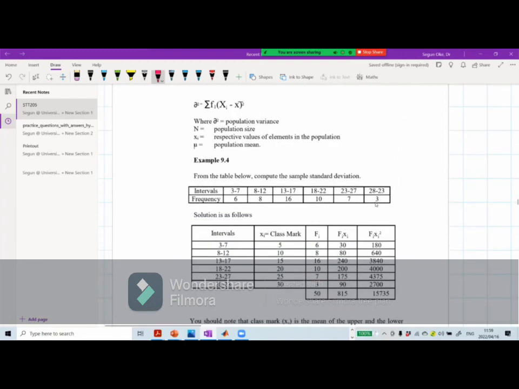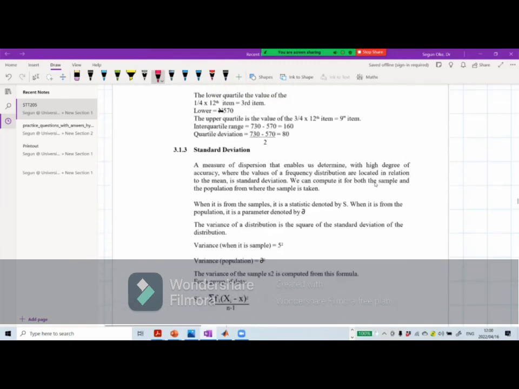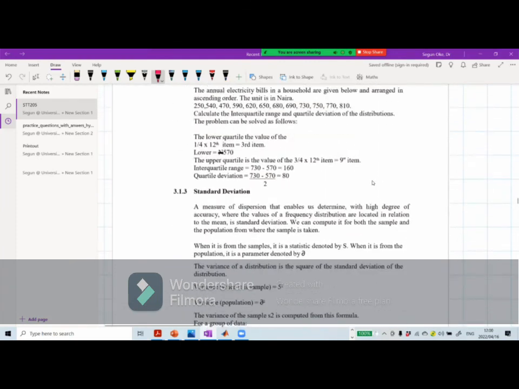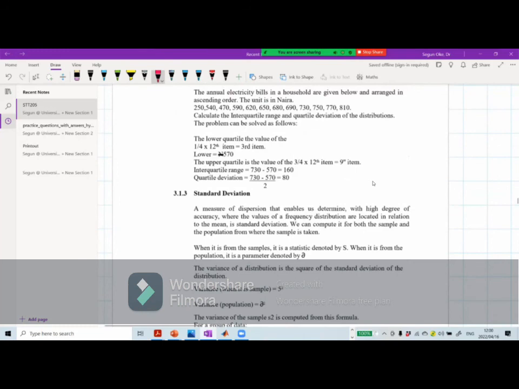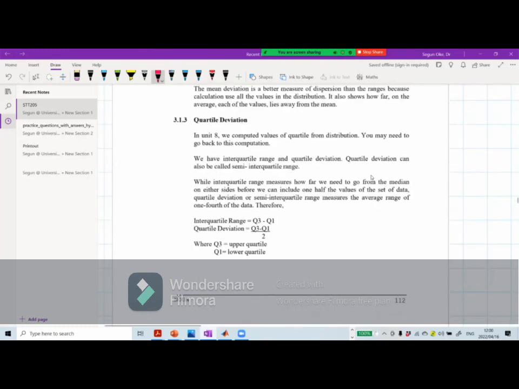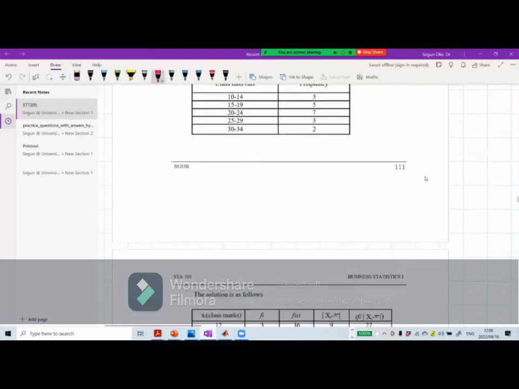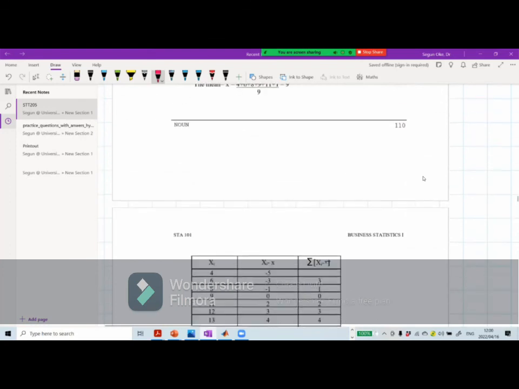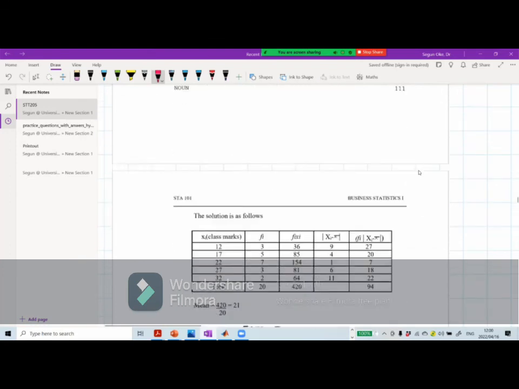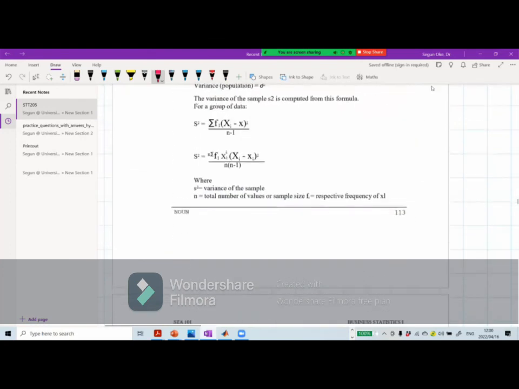We have another method of that. We just calculated this one now, right? So it's still the same. You don't need to be lost because they will ask you in the exam. So better get it right now.